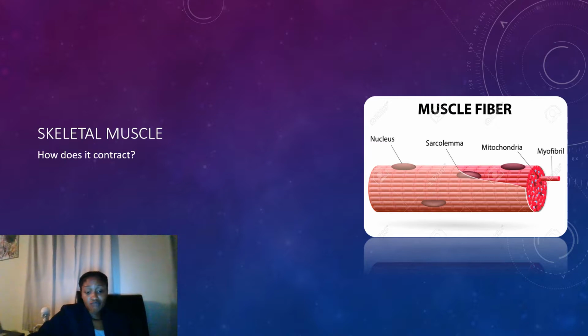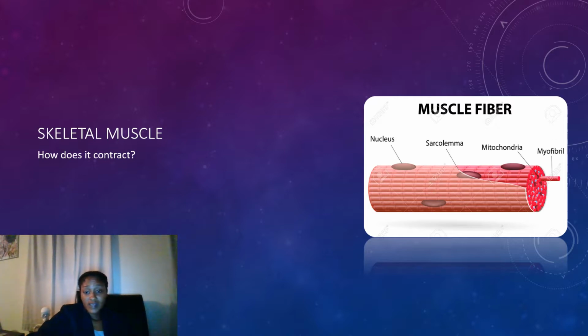So if a small number of muscle cells are stimulated, that all-or-none response will come in. You're not going to get the amount of needed stimuli for it to actually contract.